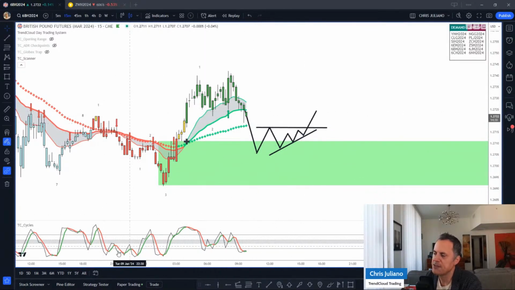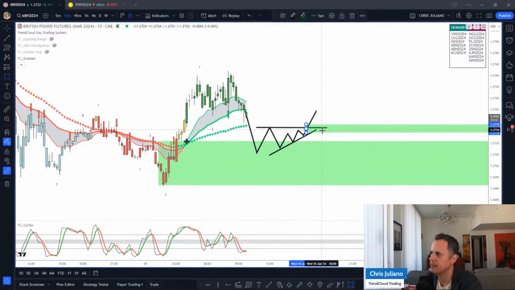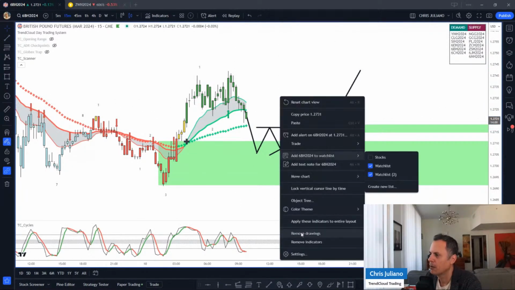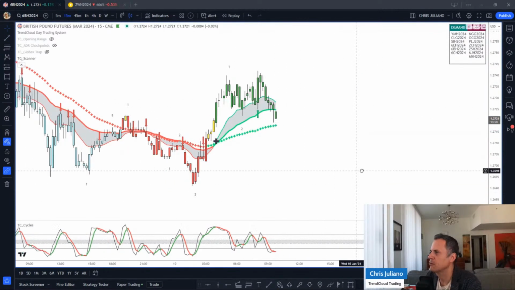So as soon as I see that break, I can start looking for my trend cloud signals, or I can start looking for little demand zones that form in this area, in this pattern, to take like that. That's what you would take the chance on: a demand zone or a trend cloud signal. All right. Good stuff. It's all good stuff.